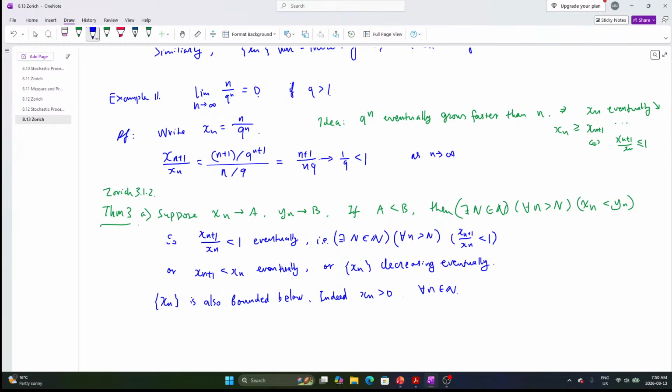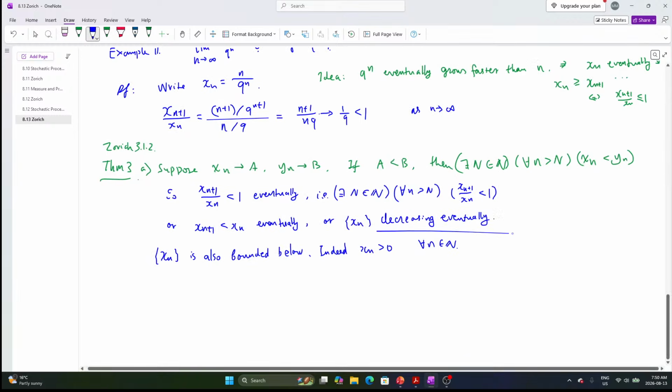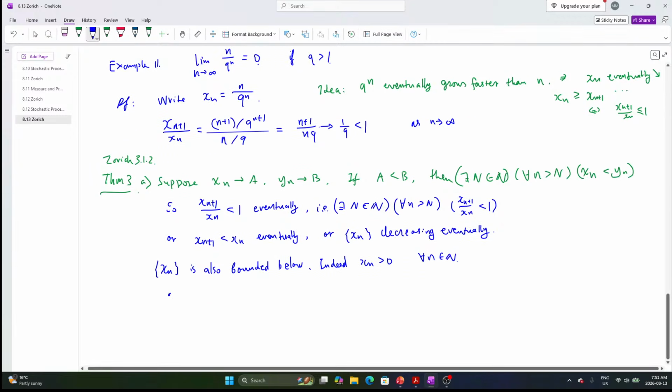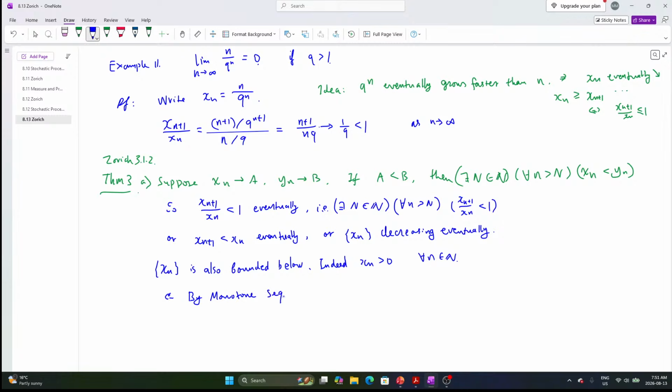Now you can combine those two, decreasing eventually and bounded below. Therefore, by the monotone sequence theorem, x_n has a limit. The limit of x_n exists. Now we just need to show it is 0. How do you show that it is 0 then?